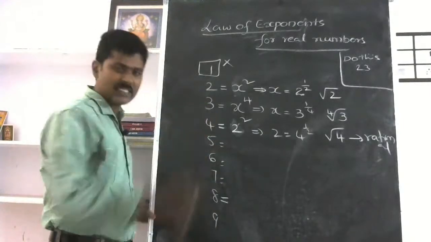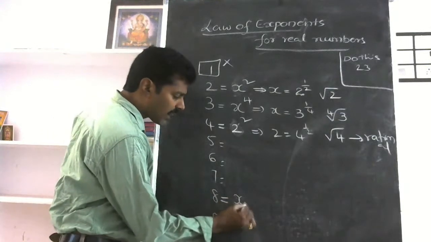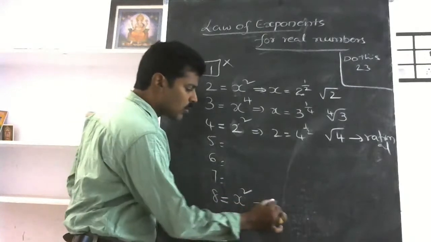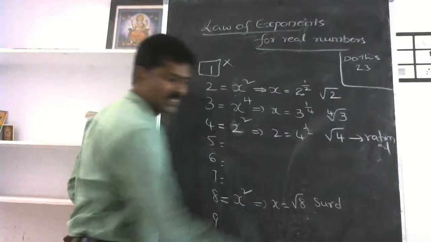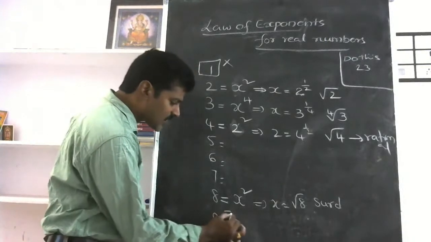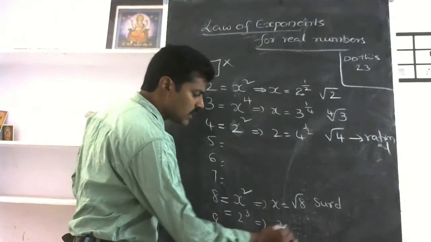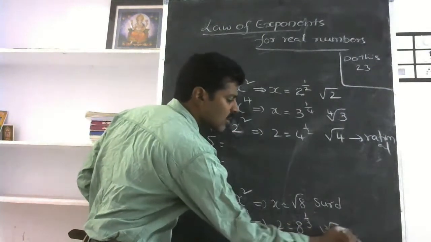If I go with 8, I want to explain this clearly: I cannot write 8 as the square of any other rational number. Hence, square root of 8 is a surd. But I can write 8 as 2 cube. So 2 is equal to 8 power 1 by 3, that is cube root 8 is not a surd.